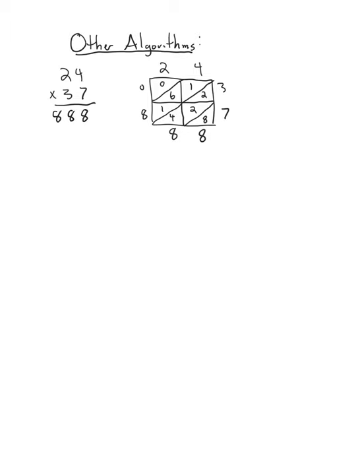So if you look at what we did, I'll just write it out in partial products here. 24 times 37. So we had 28. Then we had, what do we do next? It was 7 times 20 was 140. Then we had 120. Then we had 600.